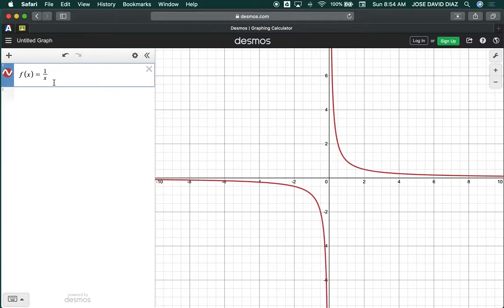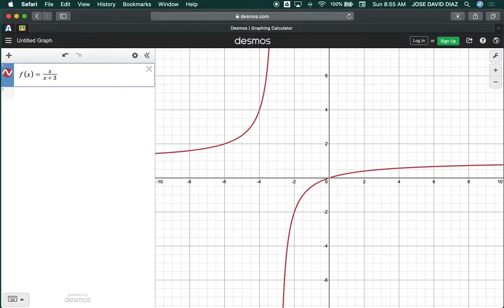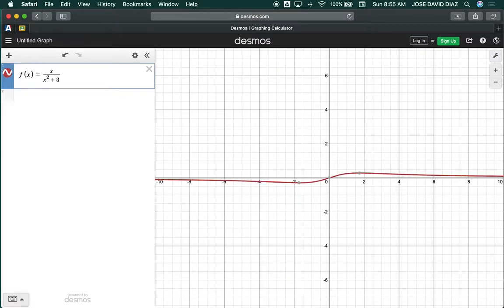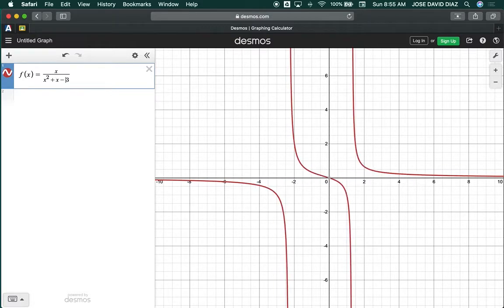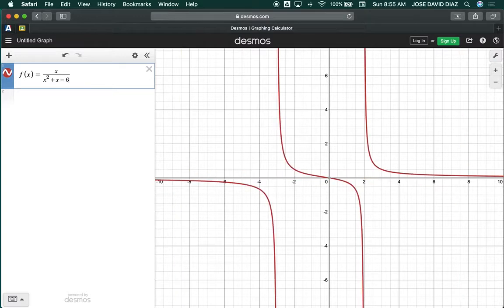So on the second example, because we had a +3, that means that the graph got shifted to the left 3 spaces. And that was example number 2. Now if we graph example number 3, we have the one that we just did, x squared plus x minus 6.